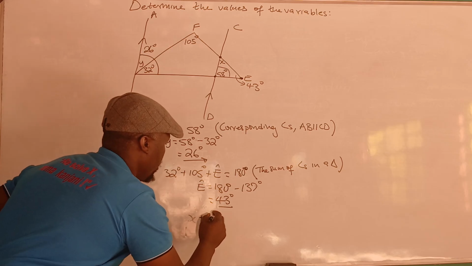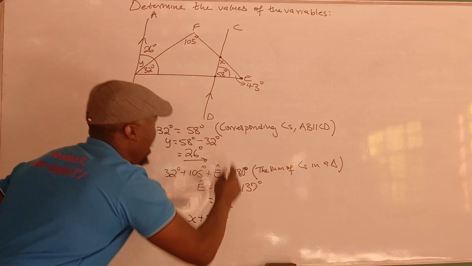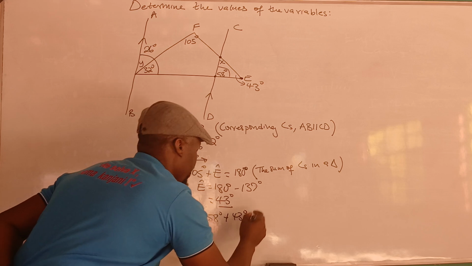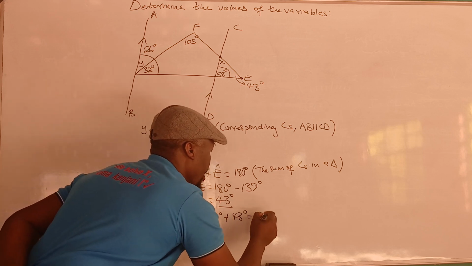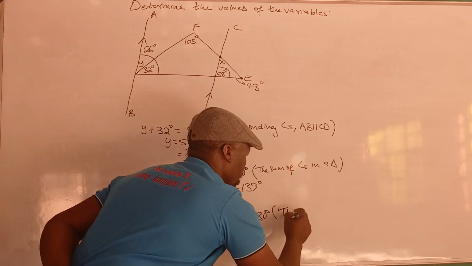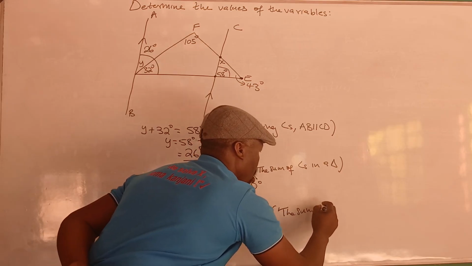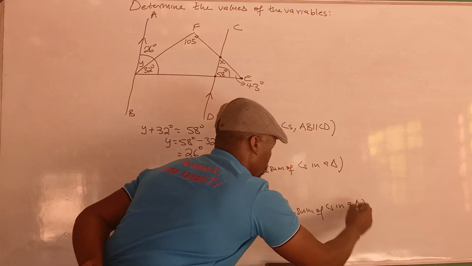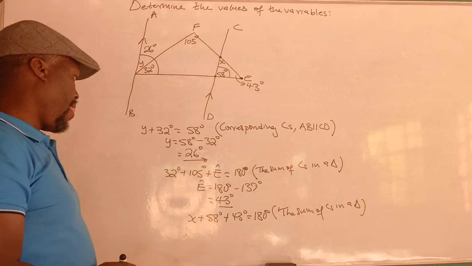x plus 58 degrees plus 43 degrees will give us 180 degrees. Reason: sum of angles in a triangle.